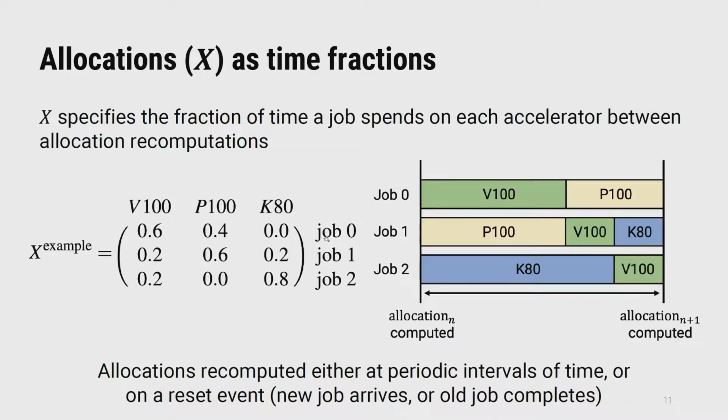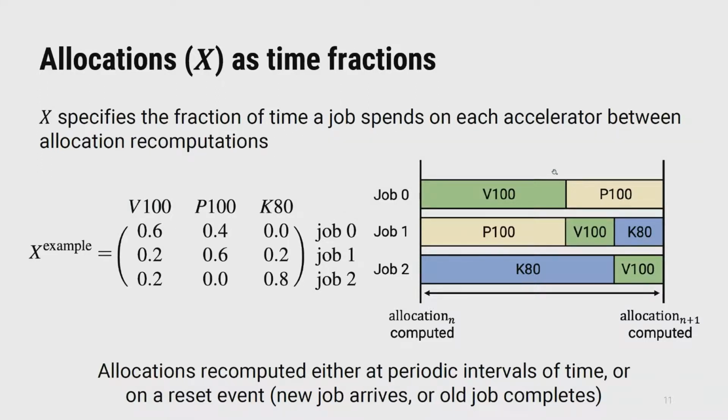So this would mean job 0 should be running on the first GPU for 60% of the time and running on the second GPU for 40% of the time until complete. And job 1 is spread out over three different GPU types, and job 2 is on V100 20% of the time and 80% on K80. So each job, this is the graph representation of this percentage of this allocation.